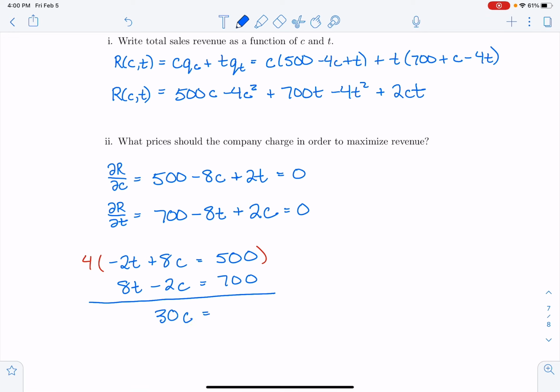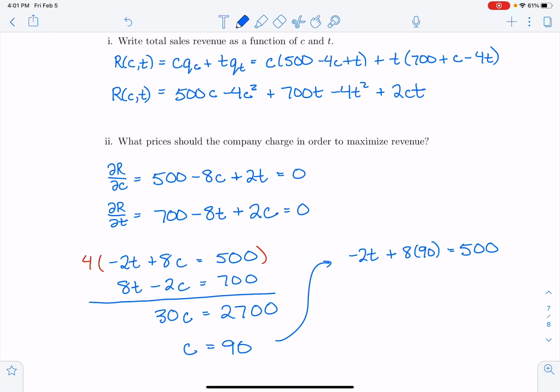It gives me 2,700. Dividing by 30, the price of coffee is going to be 90. So I'm going to plug that in: negative 2T plus 8 times C, which is 90, equals 500.